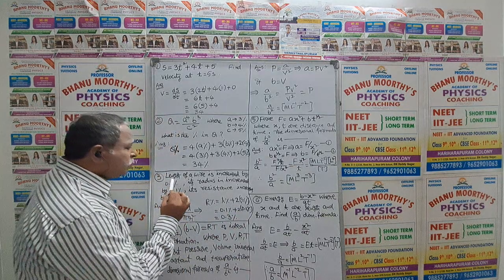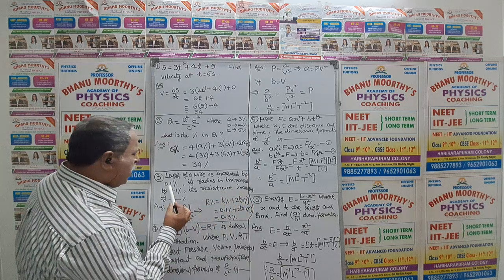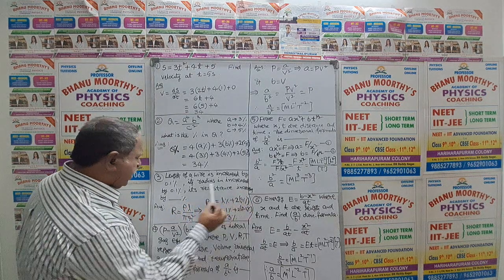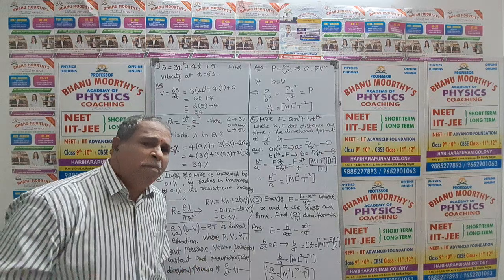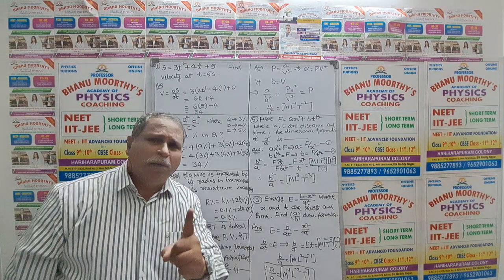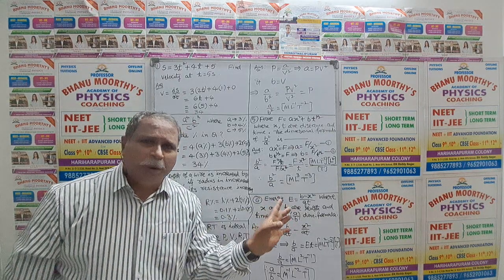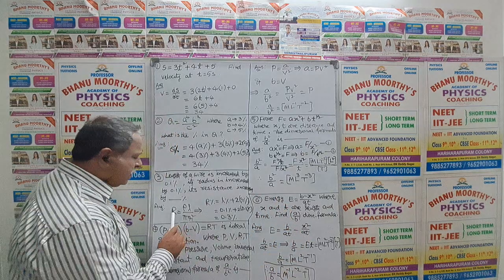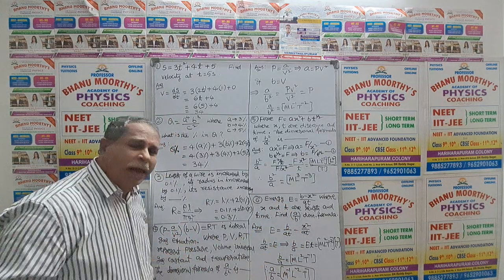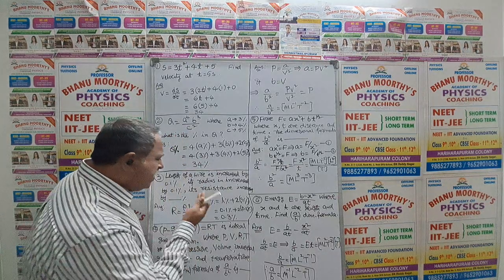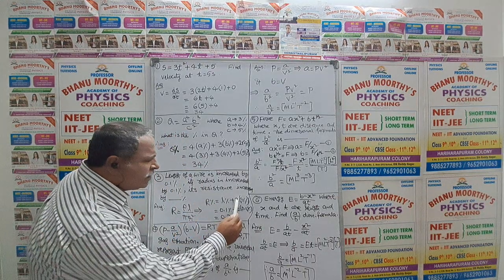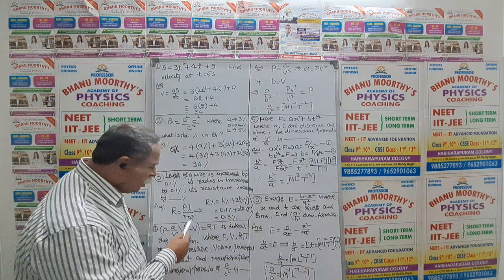Now, the length of a wire is increased by 0.1% and the radius changes by 0.1%. What is the percentage change in the resistance? My dear students, unless you know the formula for resistance, you can't solve this problem. Resistance equals rho L by pi r square. Rho is constant, pi is constant, so R percent equals L percent plus 2 into r percent, because r is in the denominator.